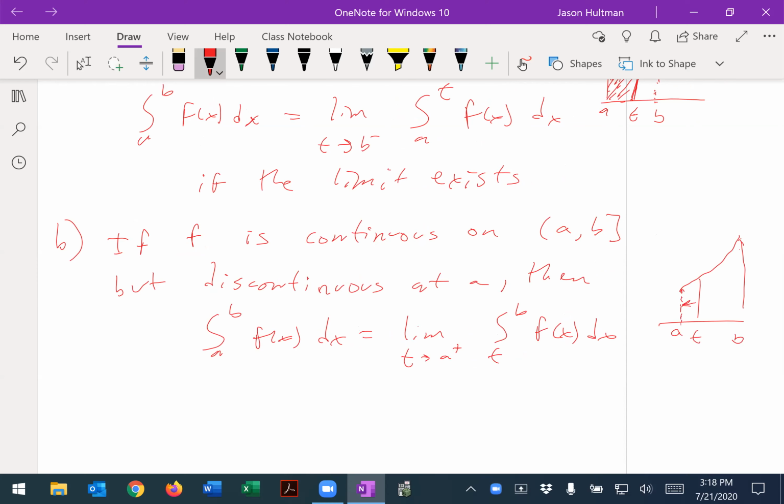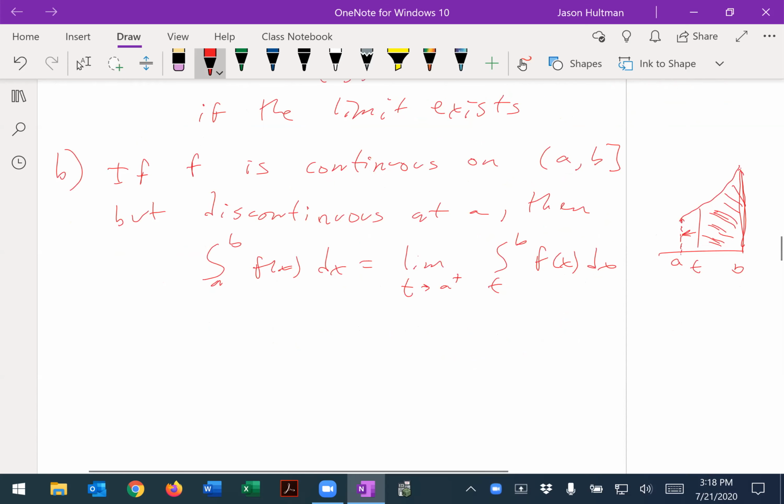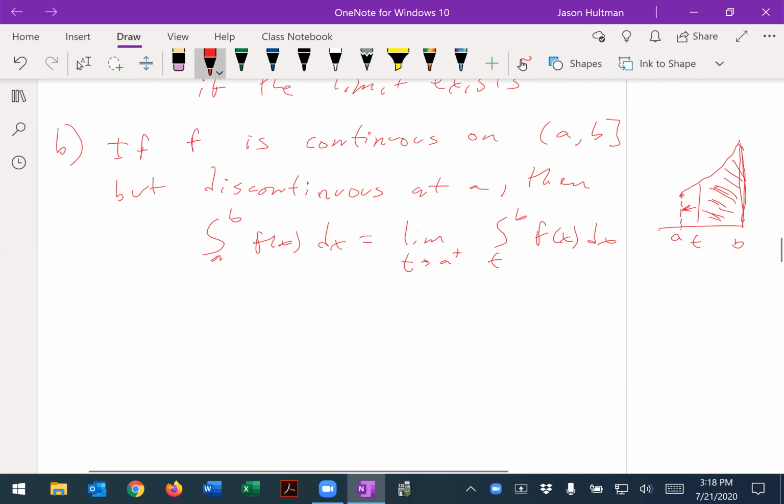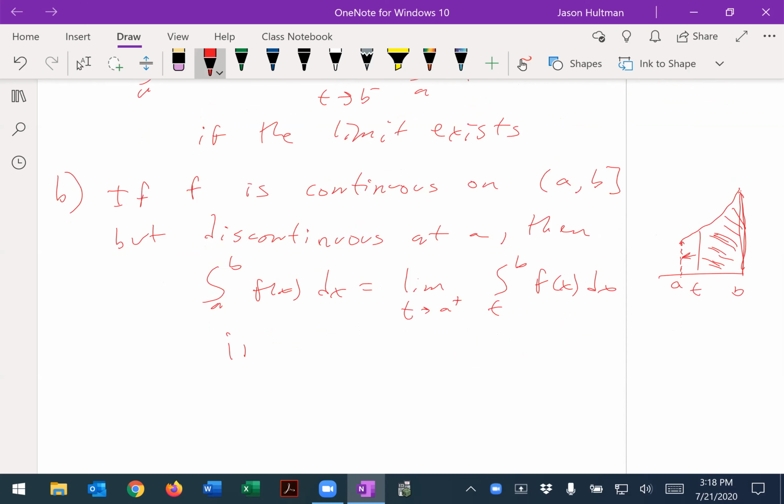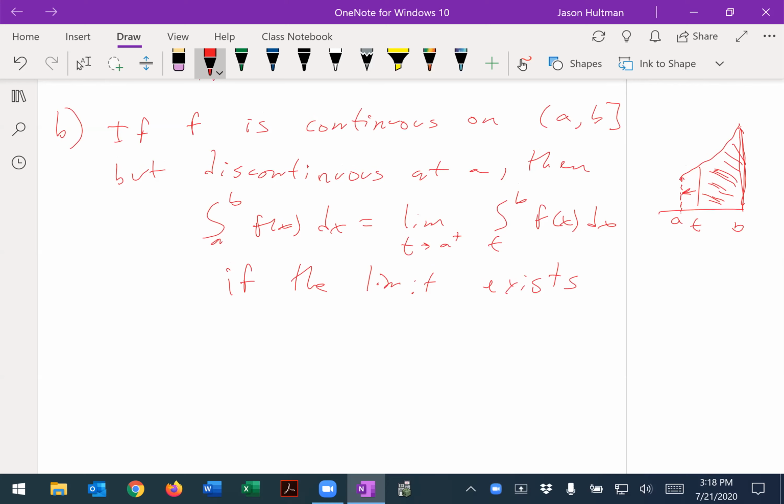As t approaches a from the right this time, we want to get the area under the curve. Again, if the limit exists, we say that this is convergent.